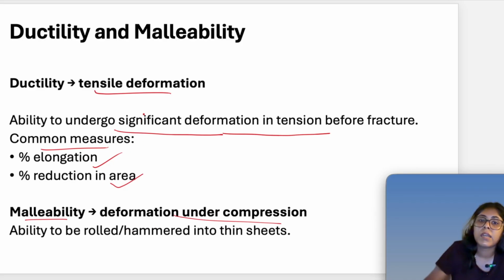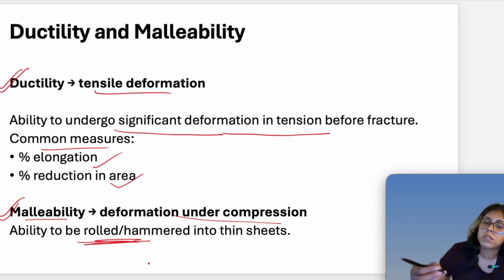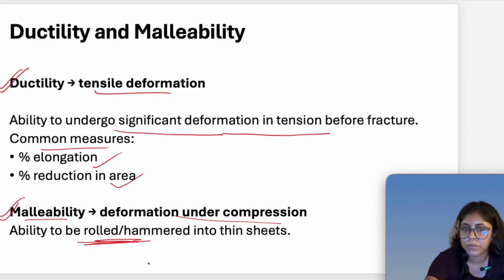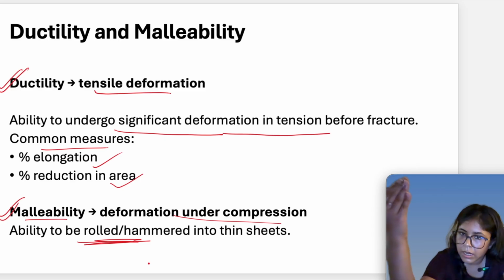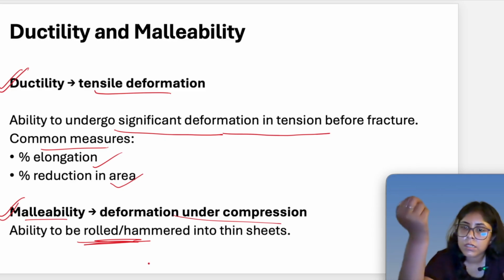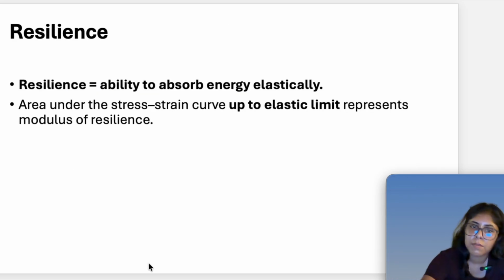Ductility is deformation under tensile stress, malleability is deformation under compression. That is nothing but the ability to be rolled or hammered into thin sheets, right? So this is malleability. Ductility and malleability confuse people sometimes, so you have to understand that in tension the deformation is ductility, and in compression the deformation will be known as malleability.